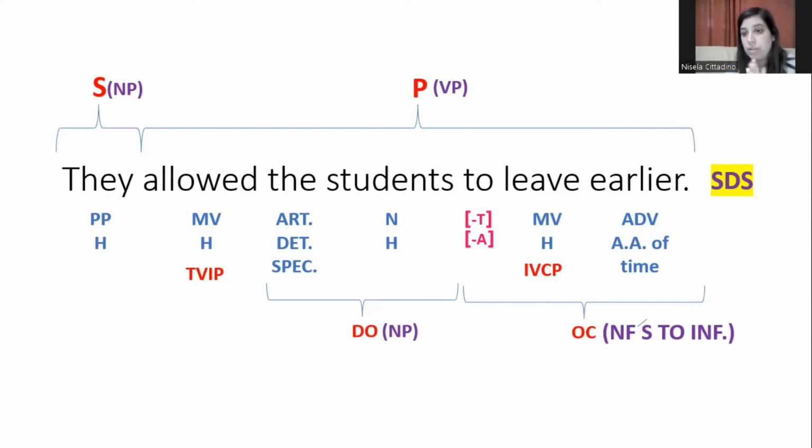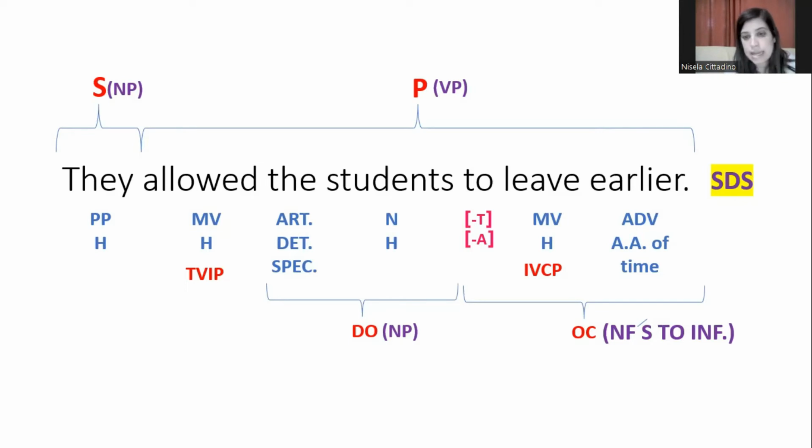Remember that in all verb phrases, after the verb, you either have a direct object, an indirect object, or the direct object and the objective complement. And if you always have an objective complement, it's an obligatory, a compulsory element in the sentence. But adjuncts are not compulsory elements in the sentence. I could say they allowed the students to leave.